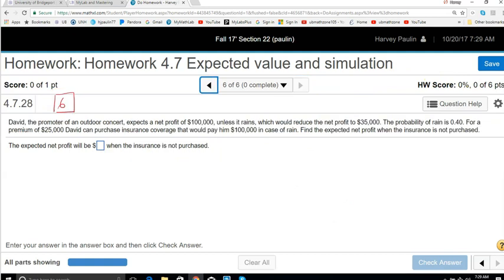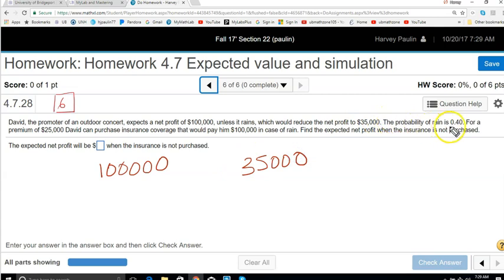Now, we worked one like this in our flipped classroom lesson, and a promoter is going to have an outdoor concert, expects to earn $100,000 unless it rains, sort of like the wheat harvest. Now, if it rains, his net profit would be $35,000.